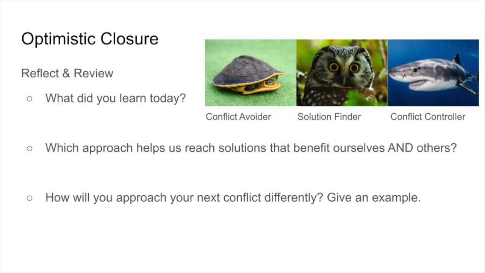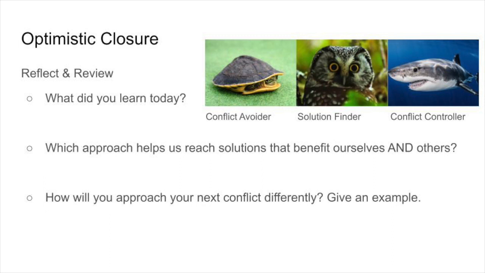Discuss what everyone learned. Does someone want to share what they learned about themselves? Did you discover which of the 3 animals is best when trying to find a solution that benefits yourself and others? And how might you approach your next conflict differently? Could you give some examples?